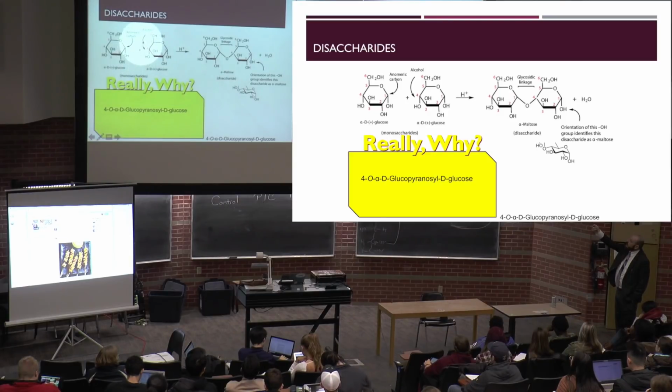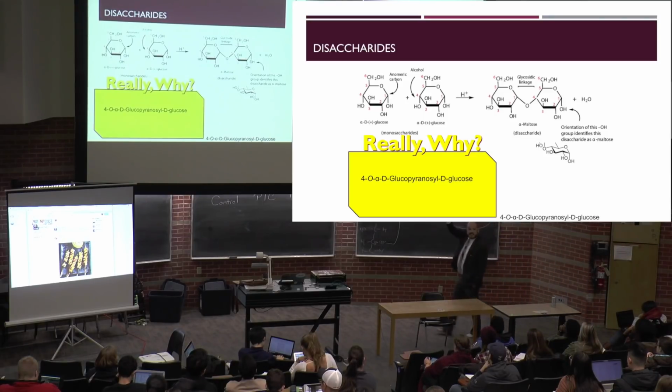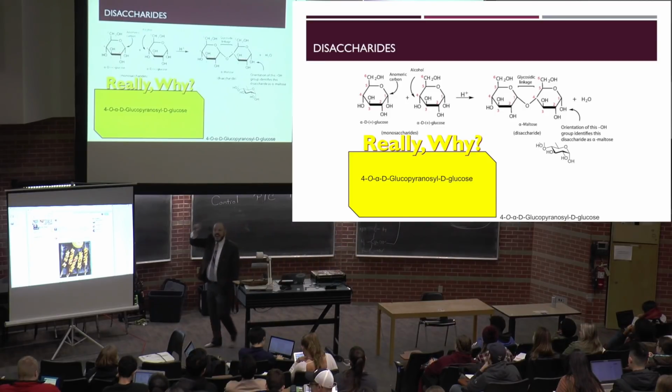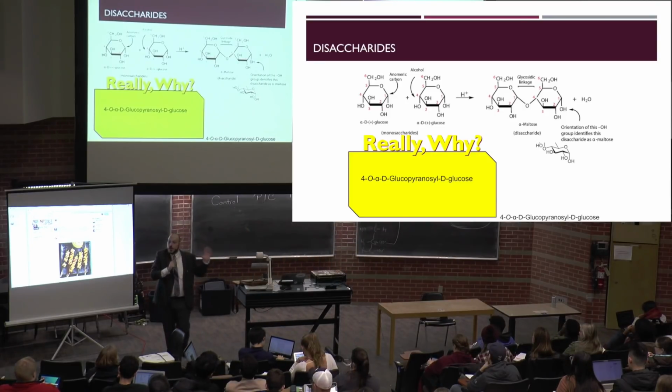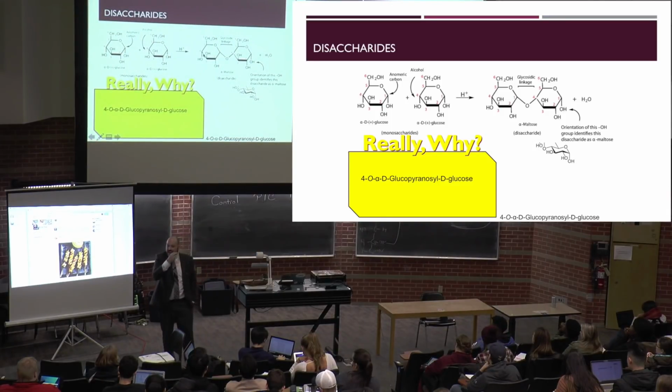So when we have the 1,4 condensation, this covalent bond is unable to become a reducing sugar. That hydroxyl group is now gone. It's now part of that covalent bond that forms those two sugars. So that side of that molecule is no longer reducing. This glucose molecule now becomes a non-reducing sugar, that half.